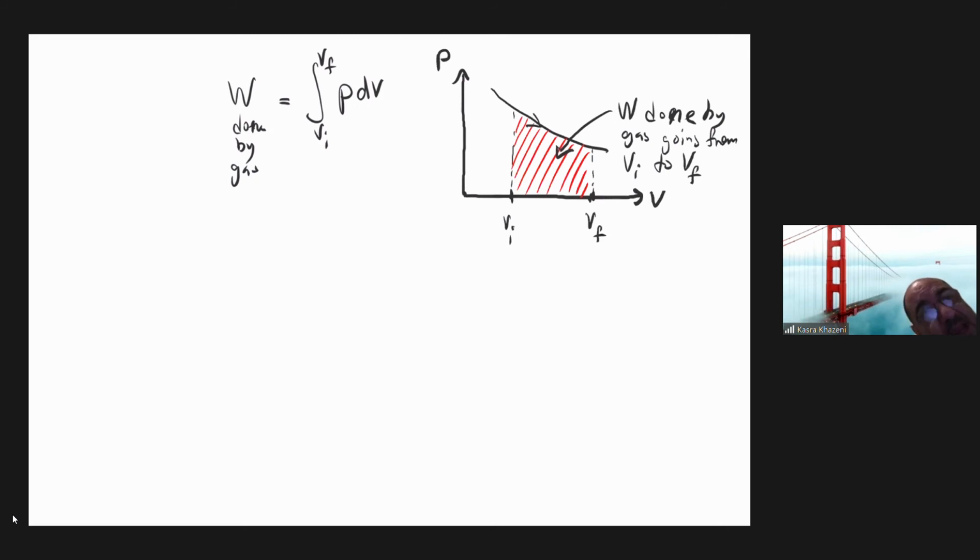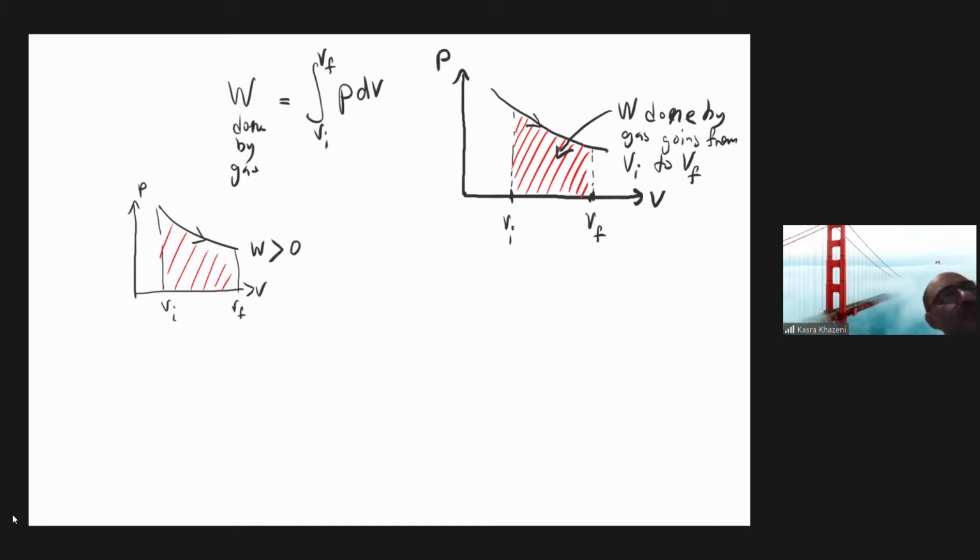Now, there's all sorts of scenarios. All right. Here's one. If we go this way, from some initial to some final, the area here, the work done, is greater than 0. All right, so this work is greater than 0. This is the work done by the gas.